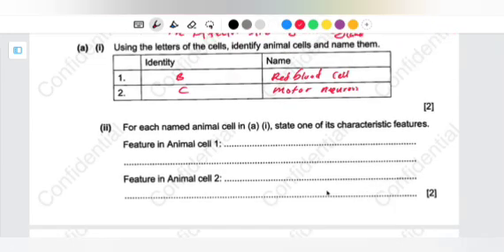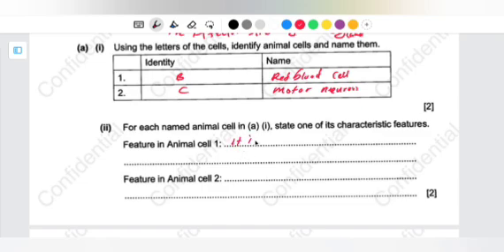Then Roman number 2 is saying for each named animal cell in Roman number 1, state one of its characteristic features. So for number 1, which is B, the red blood cell, the characteristic feature is that it is biconcave in shape.